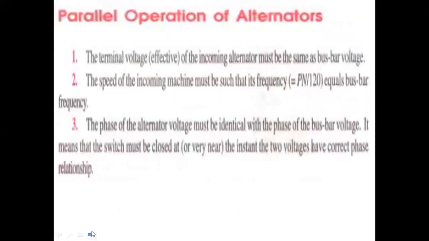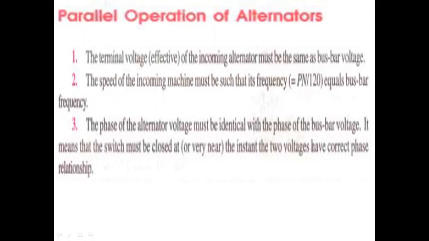Next topic, parallel operation of alternators. The operation of connecting an alternator in parallel with another alternator or by using common bus bars is known as synchronization. If two alternators are connected in parallel or connected with a common bus bar, it is called synchronization.